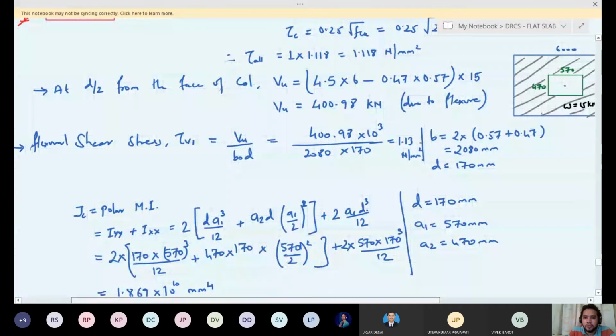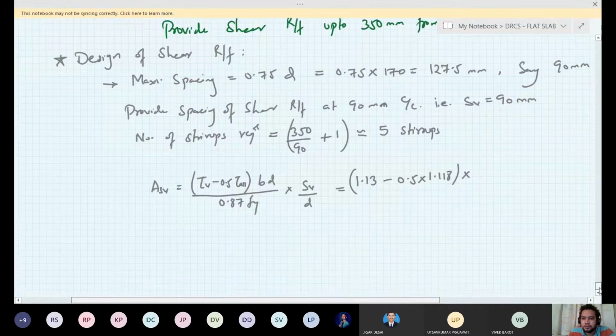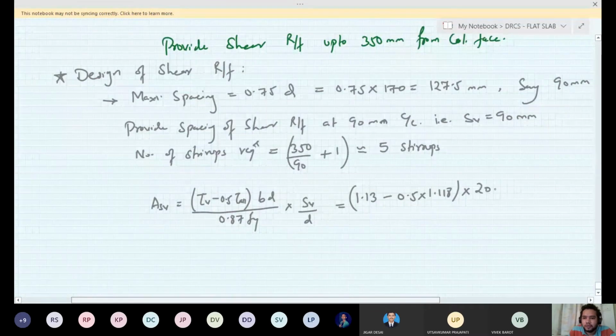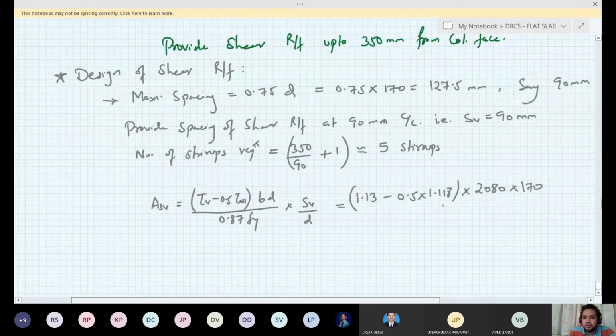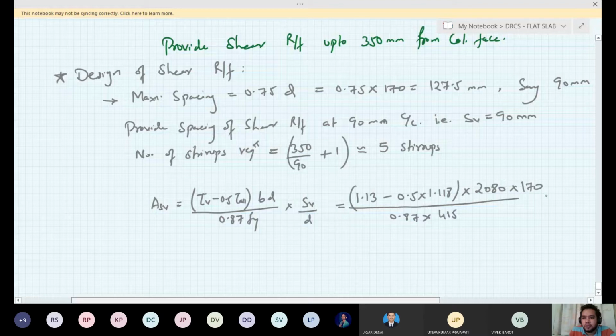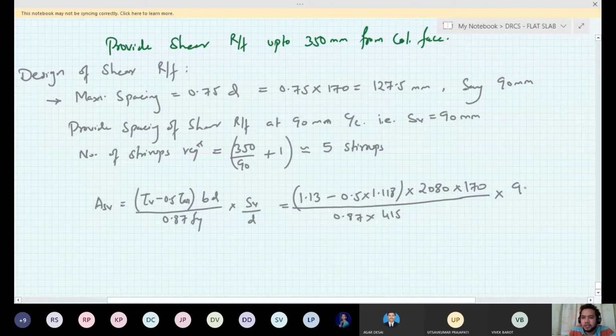The corresponding width to this is 2080. So 2080 into d, that is 170, divided by 0.87 into 415, and this is to be multiplied with the spacing, that is 90 divided by d, that is 170. So actually this 170 gets cancelled.